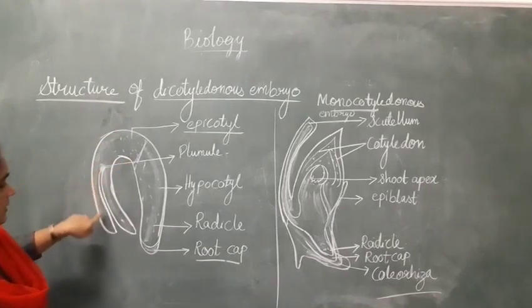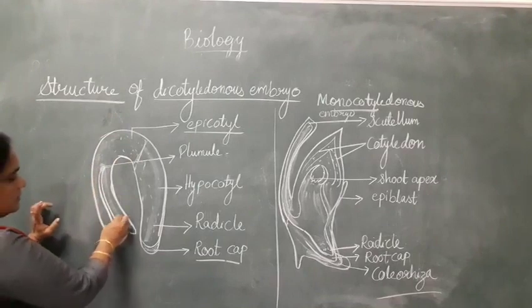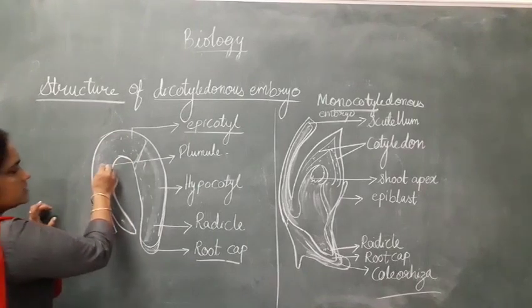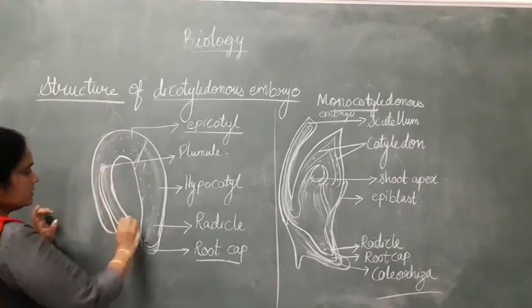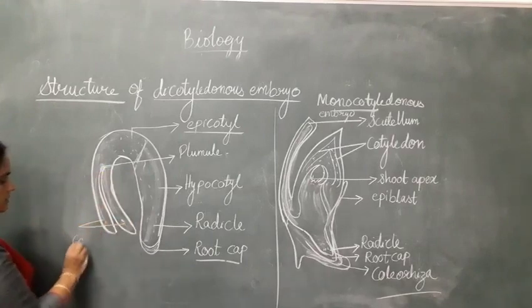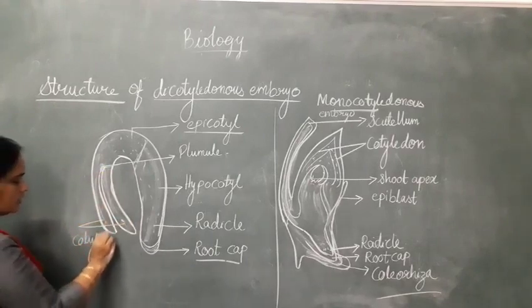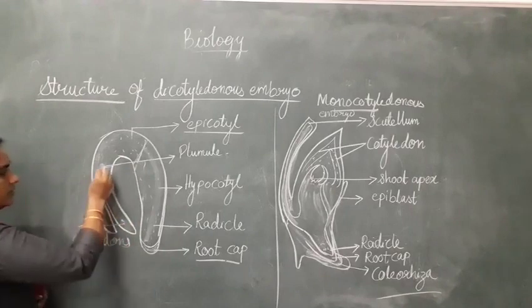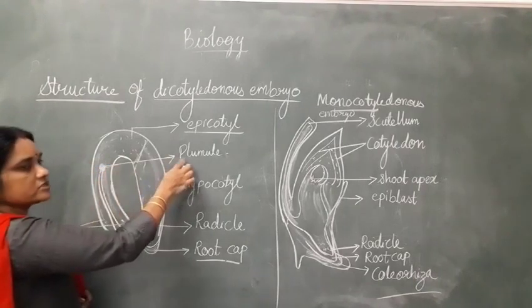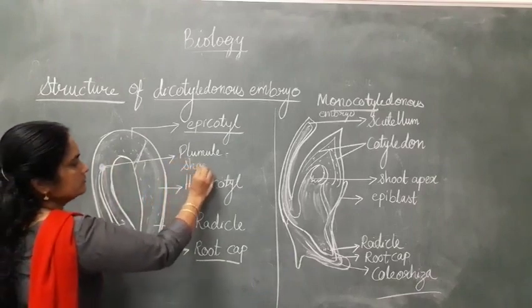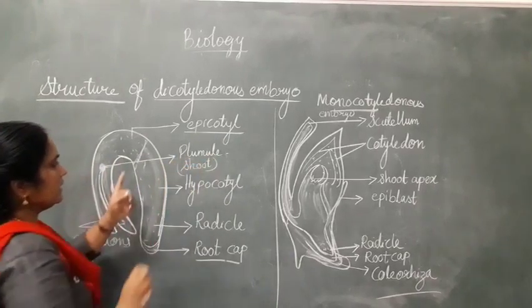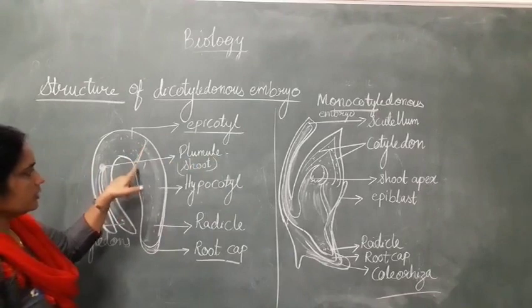Now, these are the cotyledons over here, and this structure is in between the two cotyledons. It's a dicot, so these are the cotyledons, and in between the cotyledons there are many tissues present. This is the plumule which gives rise to the shoot system, and in between is the embryonal axis.